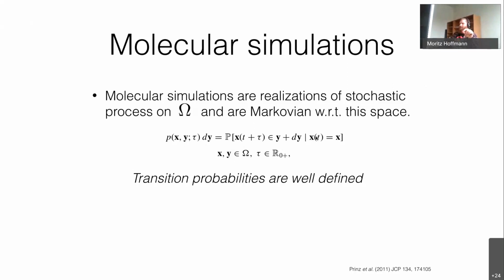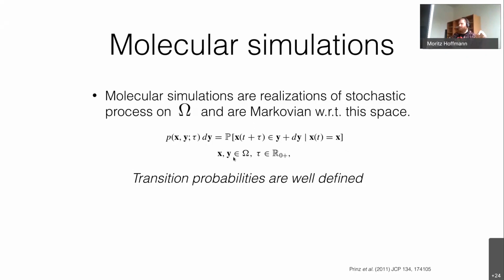And we look at a certain state X of t, right? And we say, okay, this is state X in our state space Omega. And what is the probability, given that we start here, after a certain time tau to end up in an infinitesimal region around some point in state space Y?